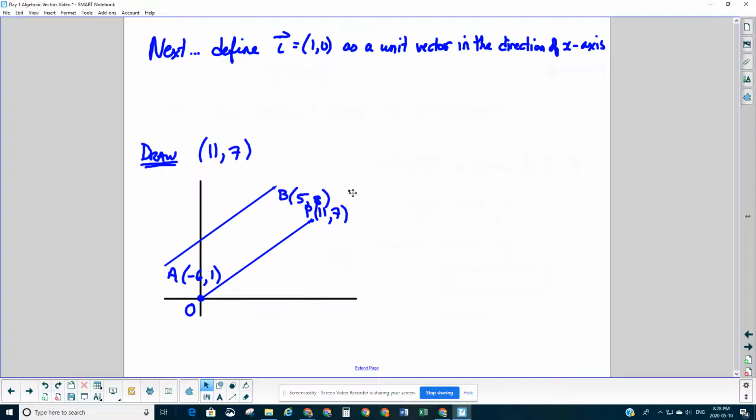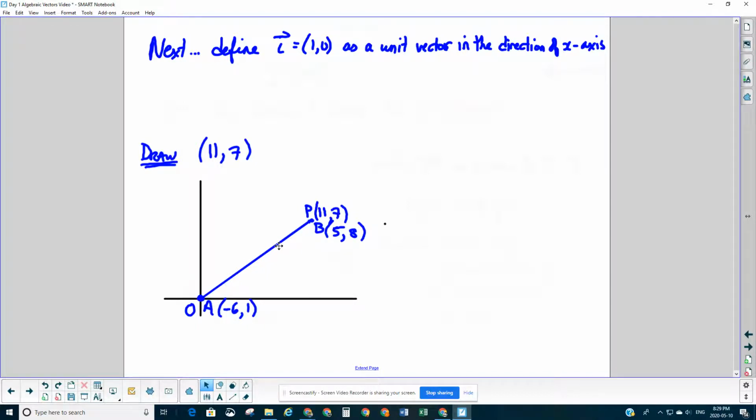So that old vector, if it was on the Cartesian plane, negative 6, 1 would be way over here, and it'd be up here, and 5, 8. So that vector right here, the vector can be anywhere it wants to be. It'll keep its length, its magnitude, and its direction. So if we just shifted this over to 0, 0 and put the beginning at the origin, it would end up at 11, 7.